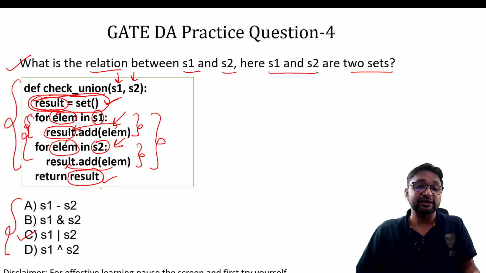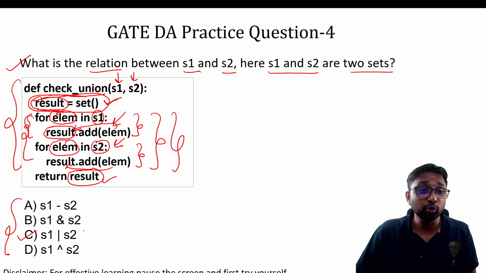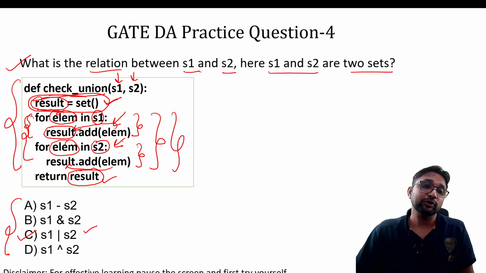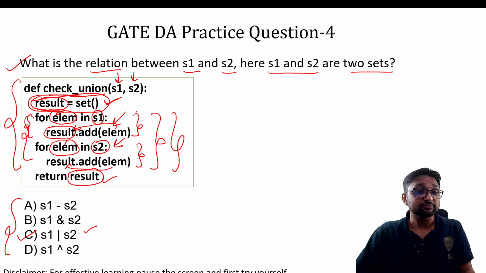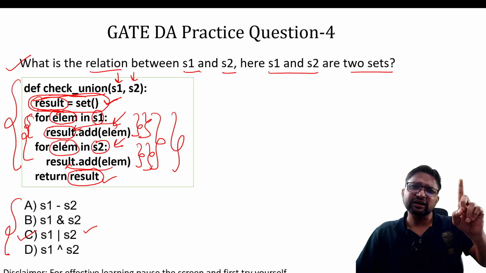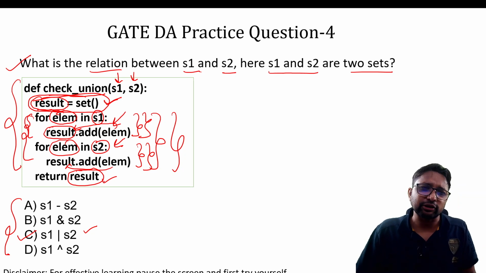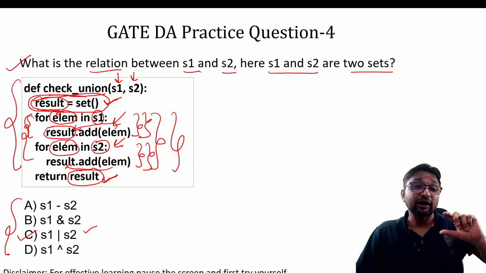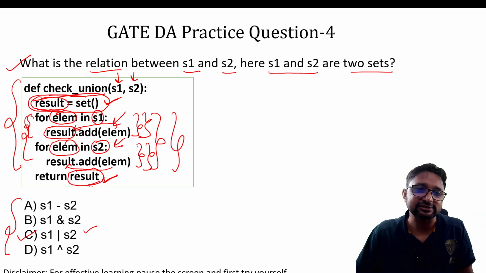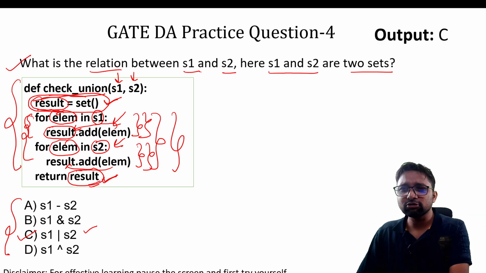Result is a set itself. So definitely we are finding over here the union of set 1 and set 2, because we are considering all the elements of set 1, all the elements of set 2. Fine, okay, let's check out. Yeah, this is the right answer.